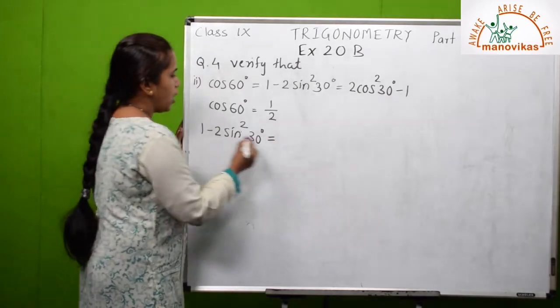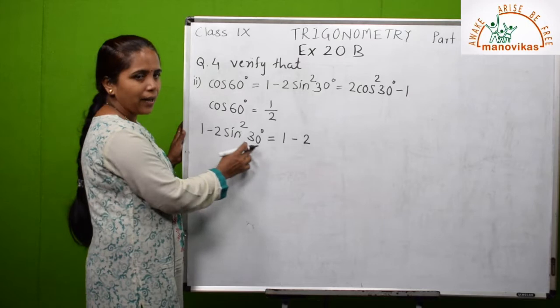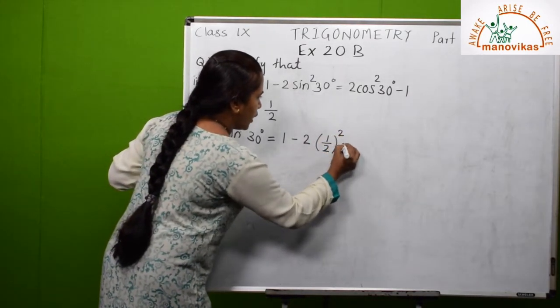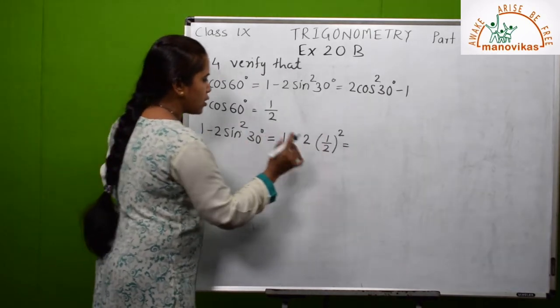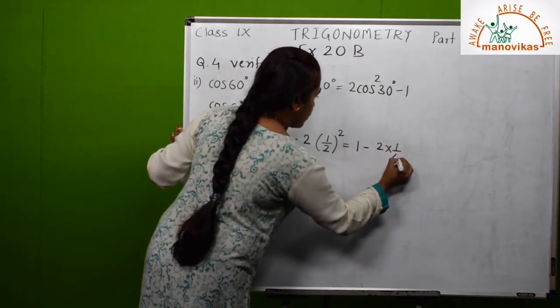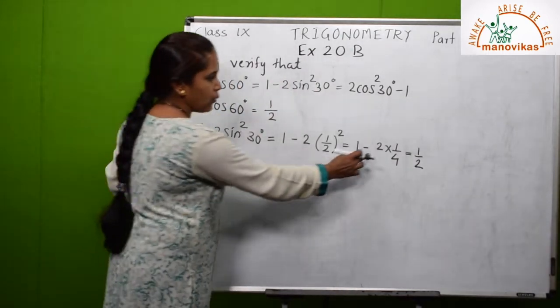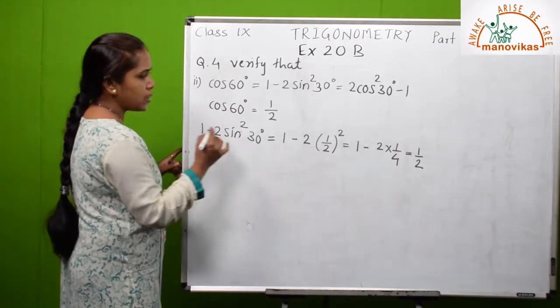Again, 1 minus 2 sin square 30 means sin 30 square, that is half square. Sin 30 value is 1 upon 2, squared, which is equal to 1 minus 2 into 1 by 4. So you get here half. 2 into 1 by 4 is half. 1 minus half is half. So the second part is also half.